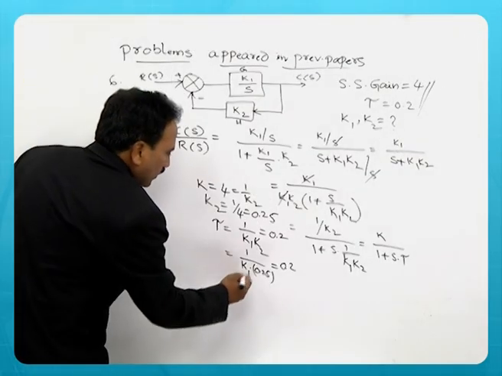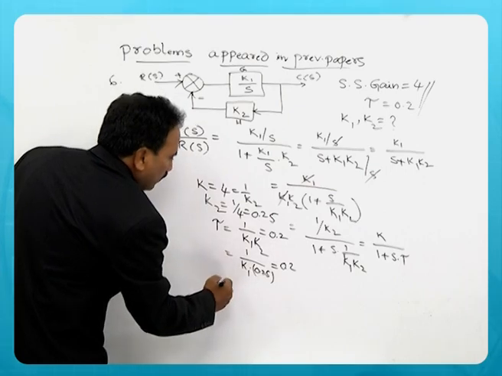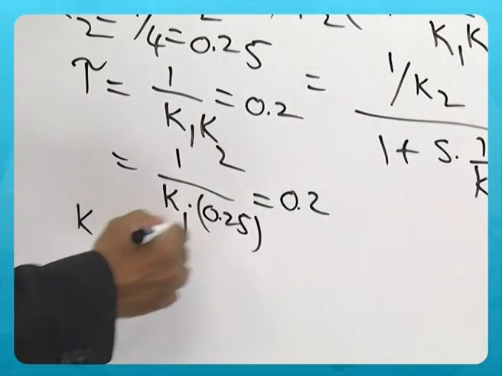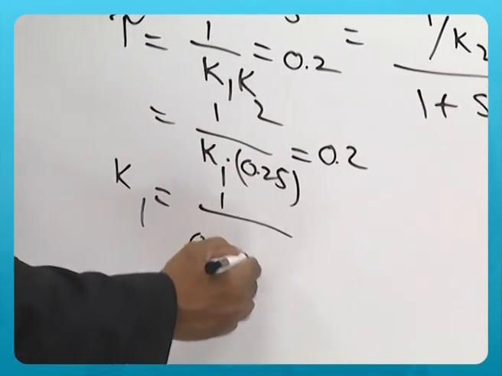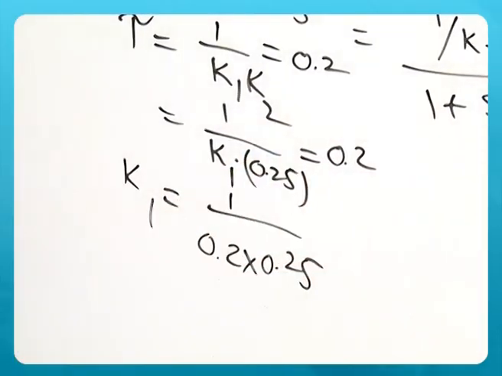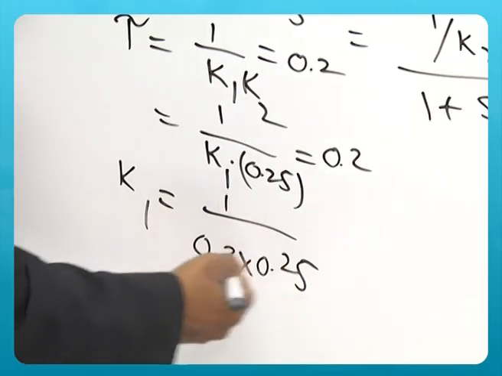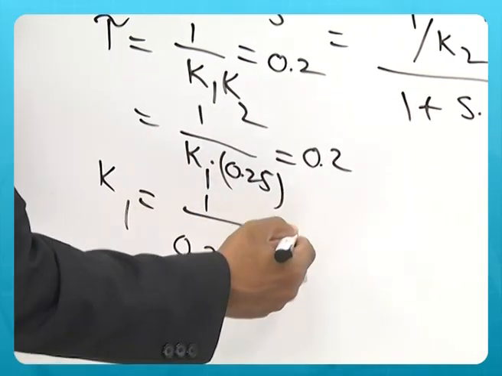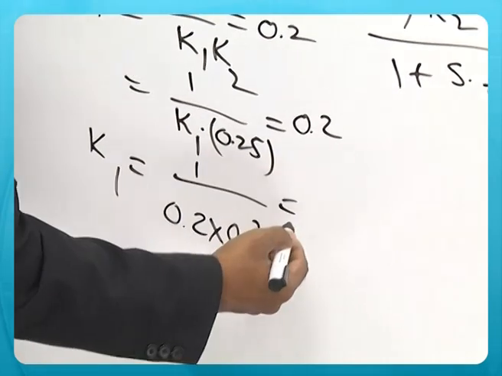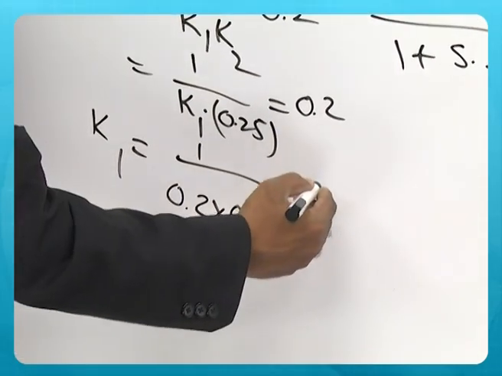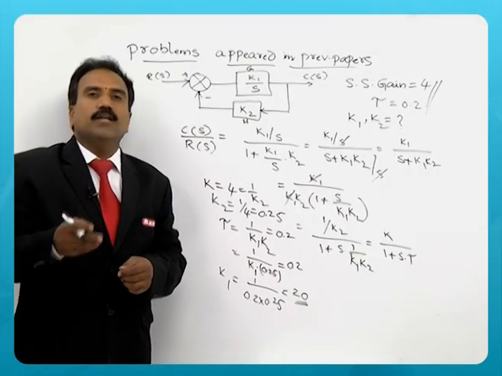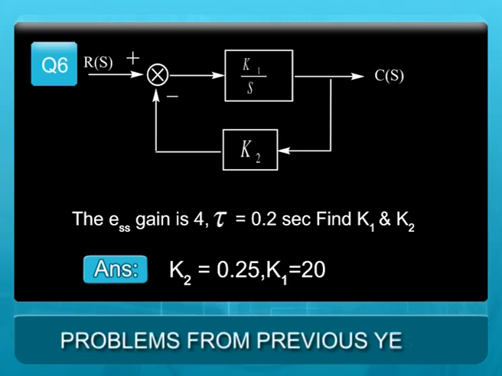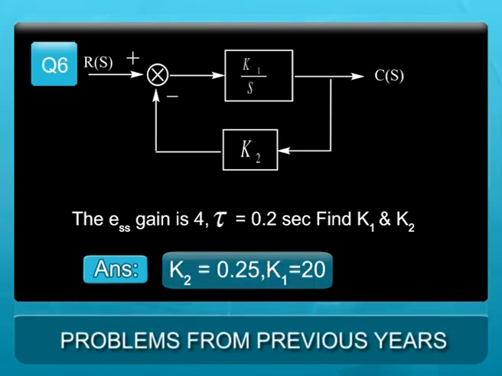So k1 you can now calculate: k1 is 1 by 0.2 into 0.25, so this is 1000 by 50, so it is 20. So this is the way you should calculate the constants when the data is given like this, steady state gain and the time constant.